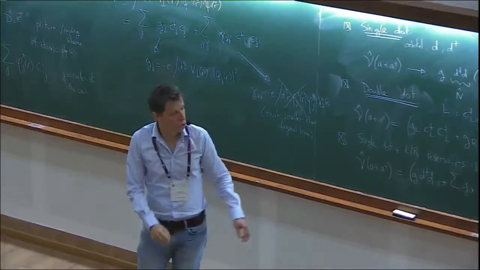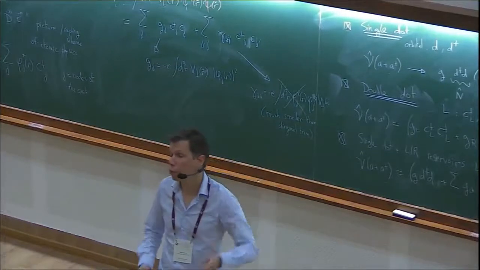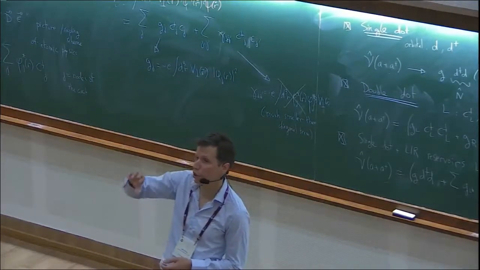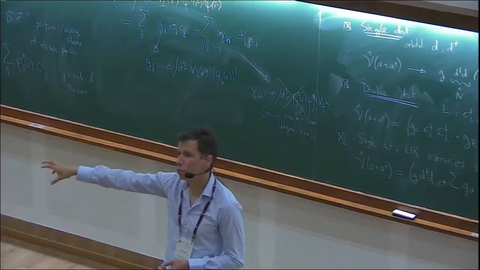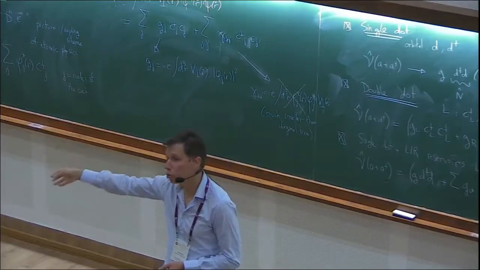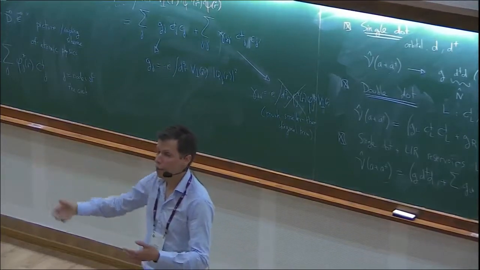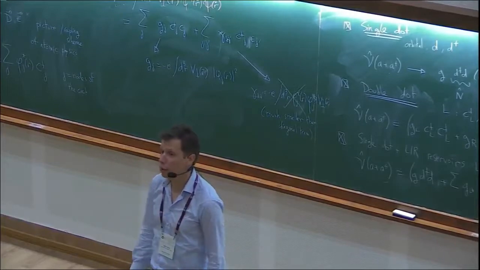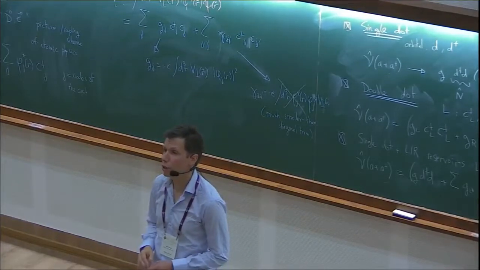You could, of course, imagine generalizing this to a coupling to different kinds of bosonic modes. You could say, okay, the electronic system is coupled to phonons, which are also coupled to photons. And then, of course, this can lead to cross-coupling between the phonons and the photons. That's true. So you could generalize this straightforwardly, I think, to this situation.